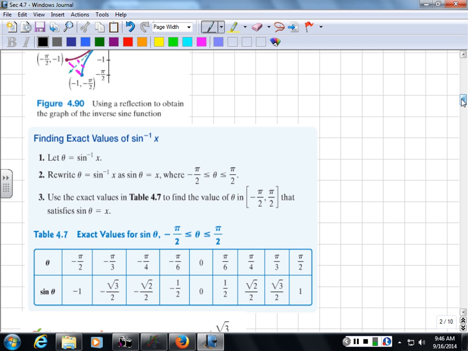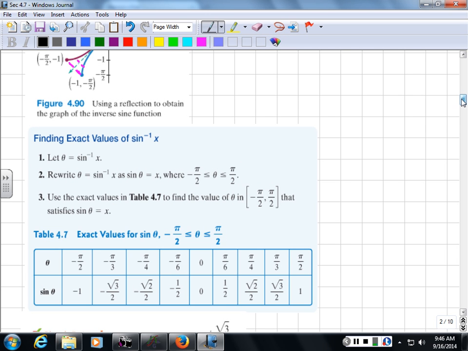So, if theta is -π/2, what's the sine of theta? -1, because we know the unit circle at negative pi over 2, we're down here at the bottom, right? You got to be able to go back and forth between the unit circle and the wave.